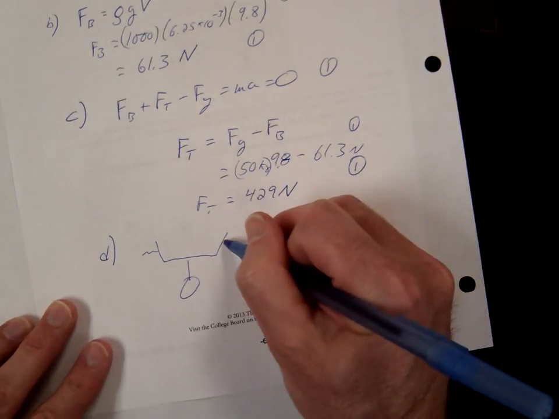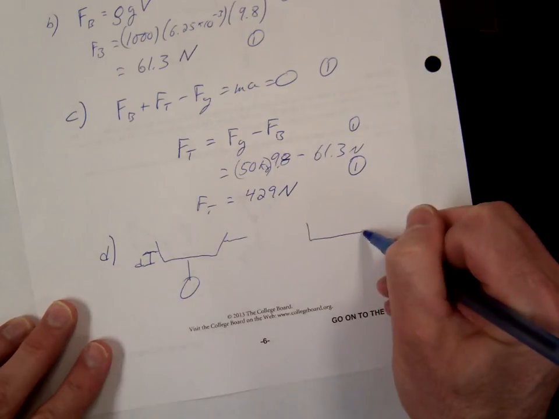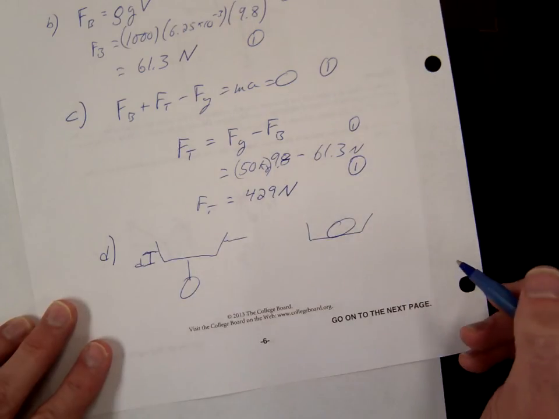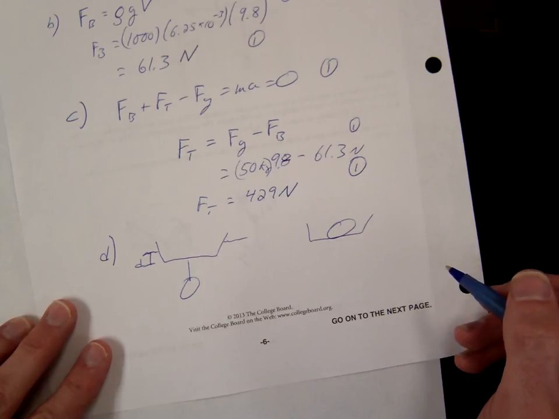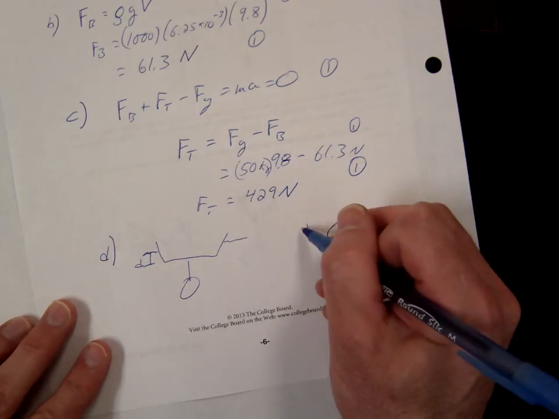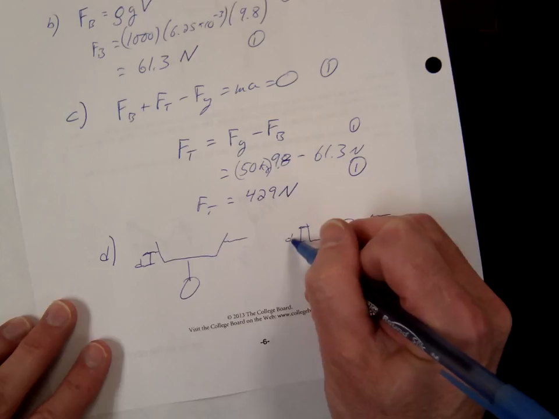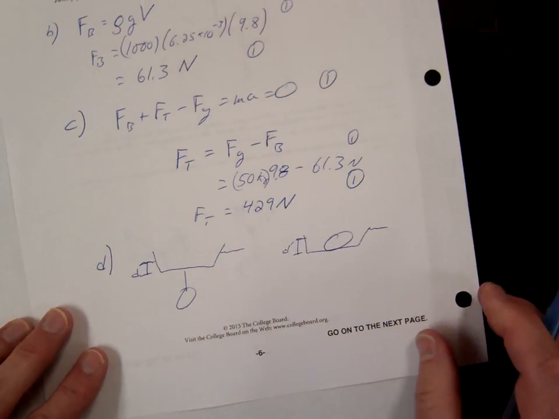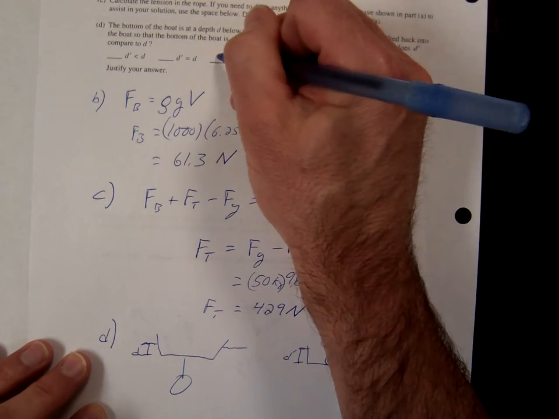This is D. Now we're going to put the anchor into the boat. What happens? Does it sink further? Does it stay the same? Or does it become shallower? Sinks further, yeah. So this is D prime. So you would say D prime is greater than D. That's the answer. 1 point if you said that.